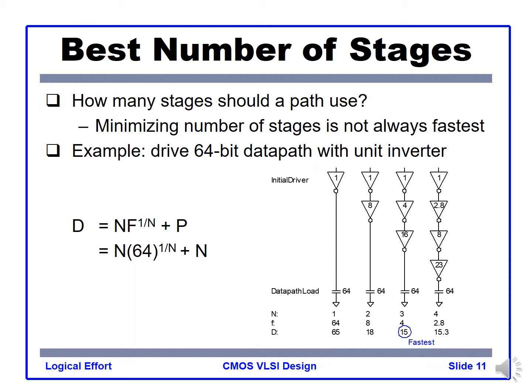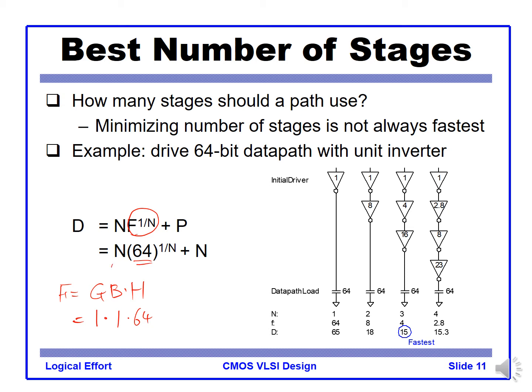We know that the optimum delay can be found from the nth root of the path effort, right? Here in this example, the path effort, no matter what the stage count is, is F defined by GBH, right? So here G is 1 and B is 1 and H would be 64, in all the cases. So we have the same equation.